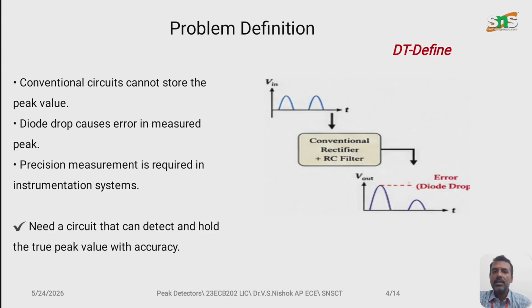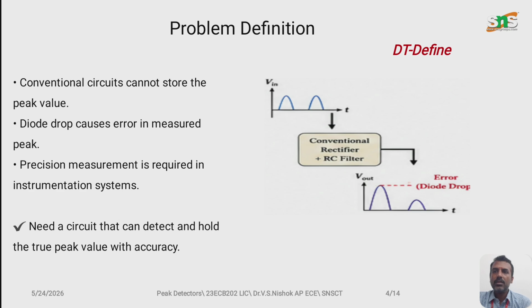So based on the conventional circuits, we can identify the problem. The conventional circuits cannot store the peak value. Whenever the signal varies along with time, the conventional circuit has the limitation of not being able to store the peak value, and also the diode used here causes a voltage drop of 0.7 volts.